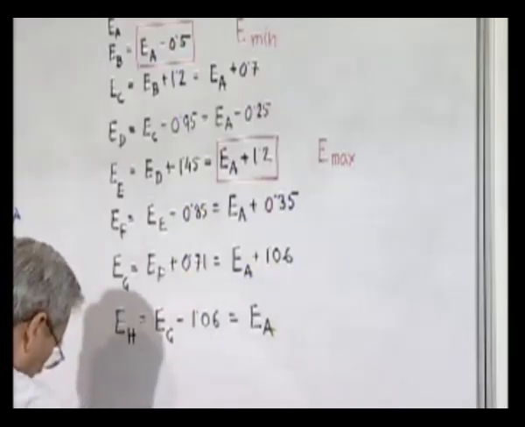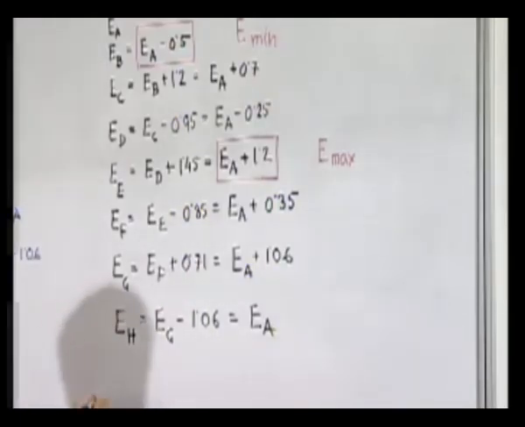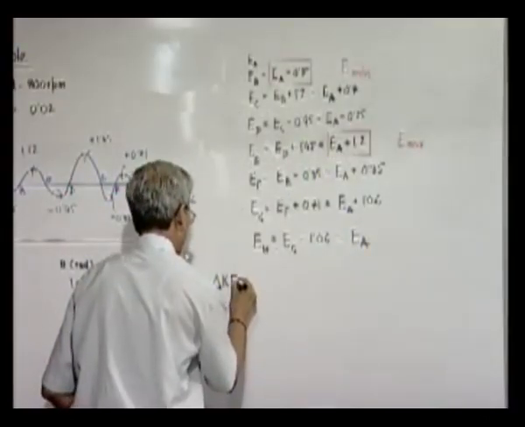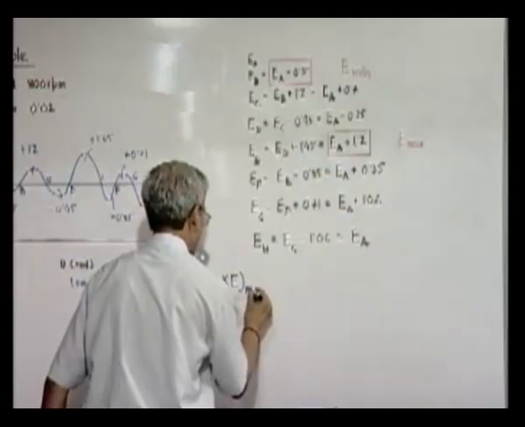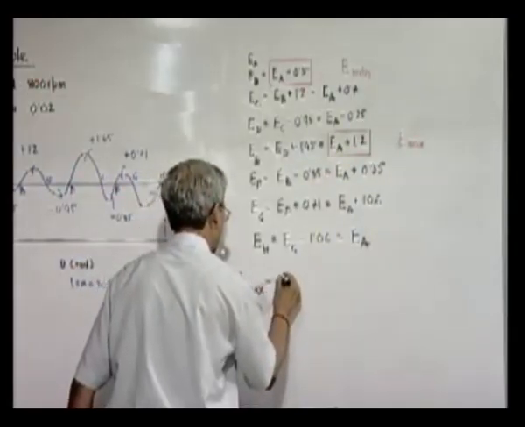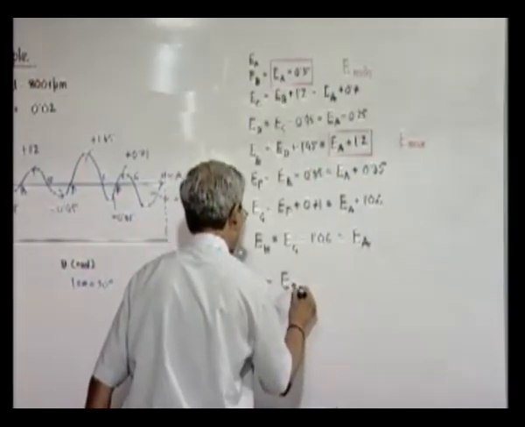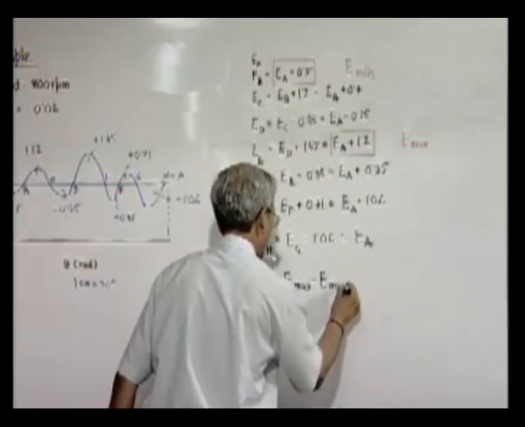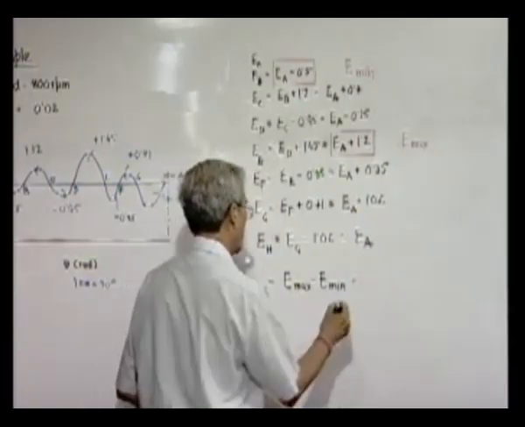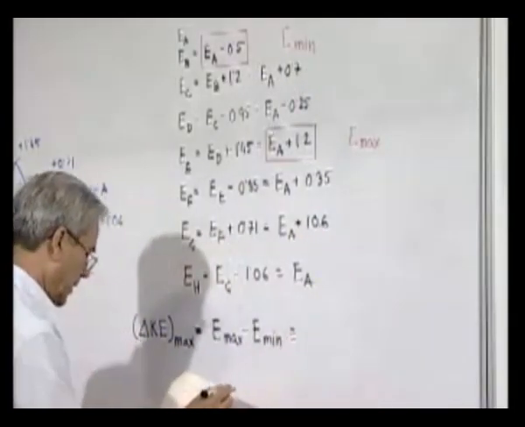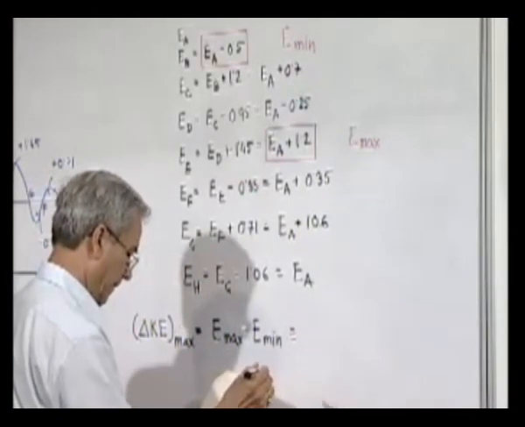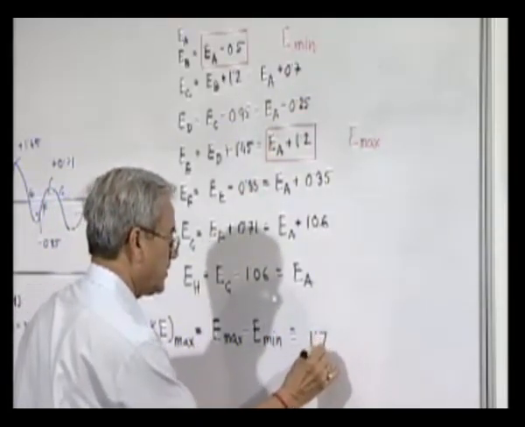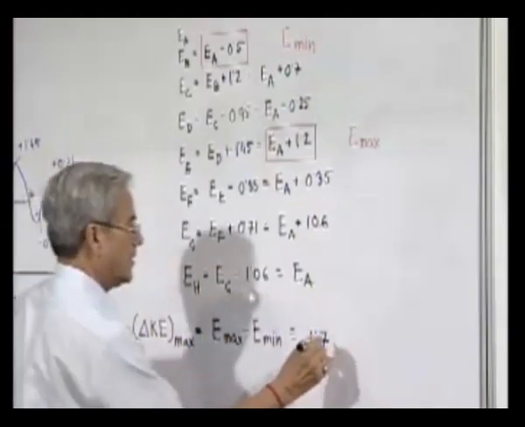So the maximum fluctuation of energy, which is nothing but E max minus E min, is equivalent to 1.7 centimeters square.